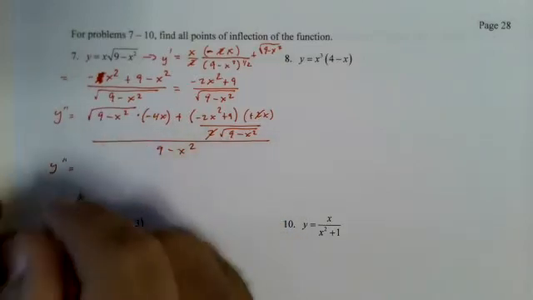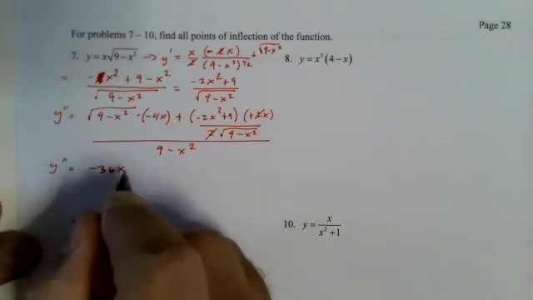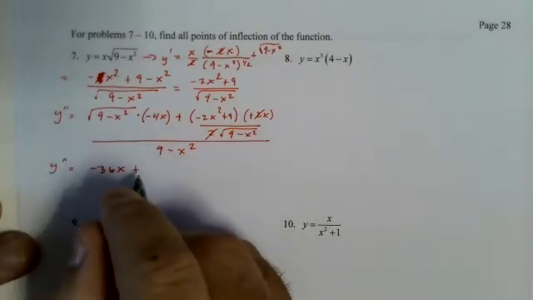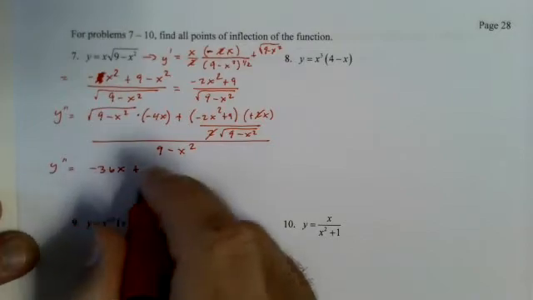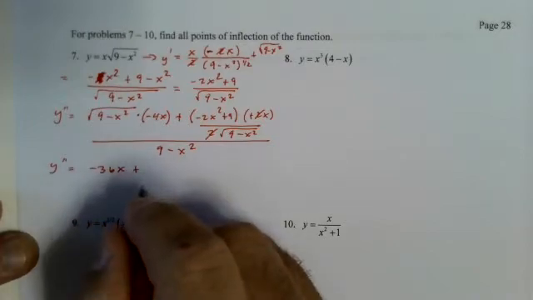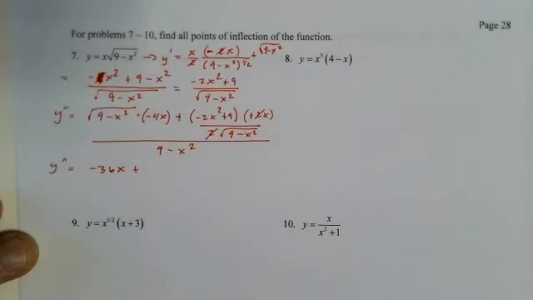Negative 4x is negative 36x plus 4x to the 3rd. I think I see a mistake in my math, and now I got to think if I made that mistake. Sure looks like I did. Gonna have to pause this.